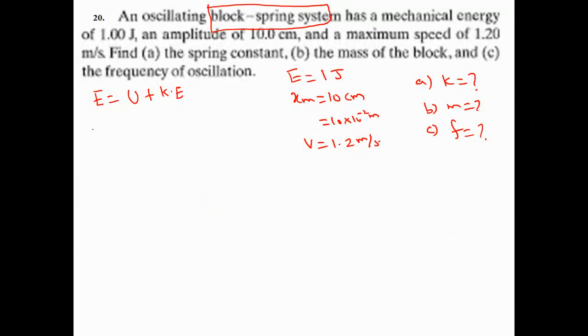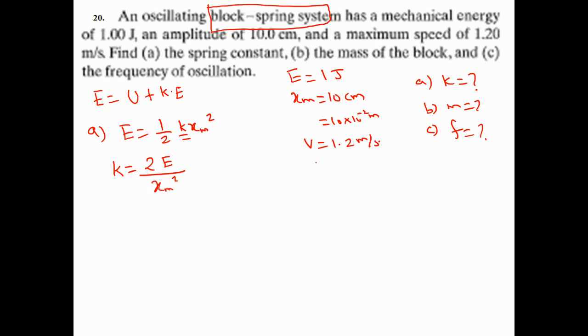What is our first question? My E, which is equal to my energy, which is equal to half k xm square. And from this, I can find the value of k. You can just rearrange the equation. K is equal to 2 multiplied by energy divided by xm square. Am I right?